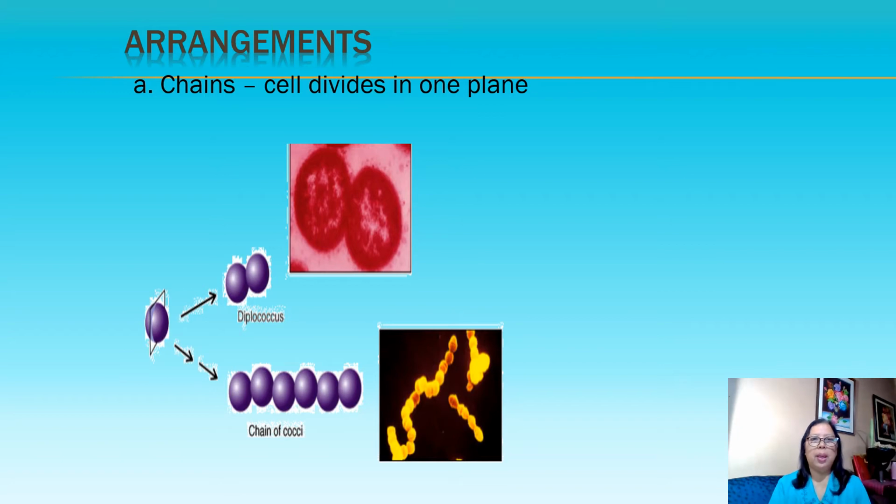Here are the different arrangements of microorganisms. So these are your coccus, the microorganisms which are spherical in shape or round in shape. If they come in as one, they are just simply called coccus or cocci. And if they come in by two, they are called the diplococci, from the prefix di, meaning two.